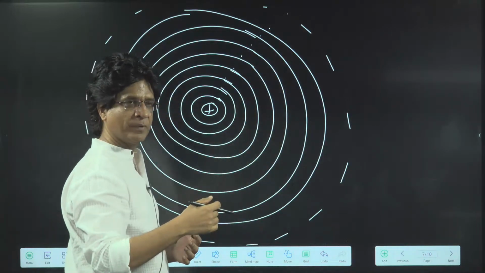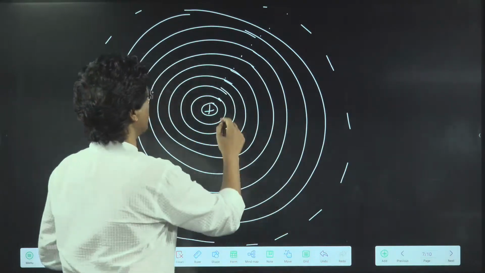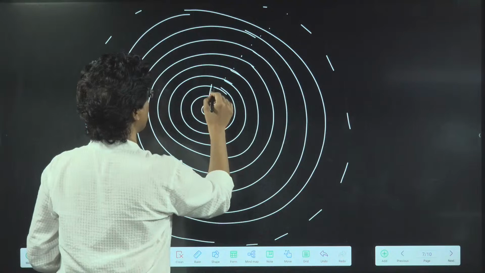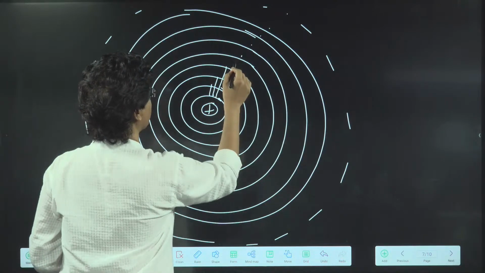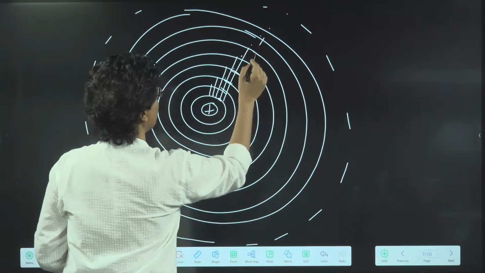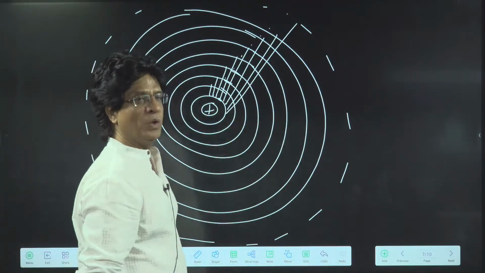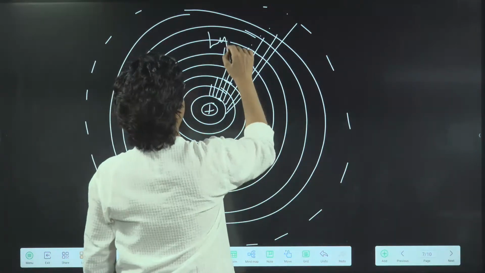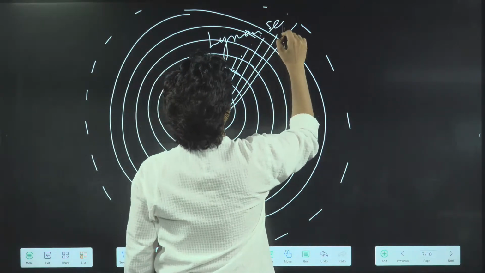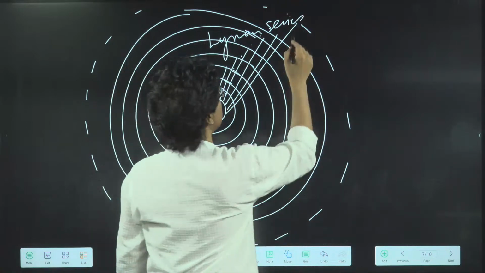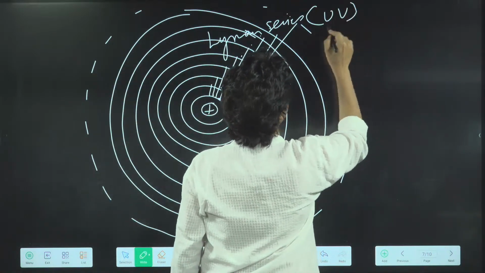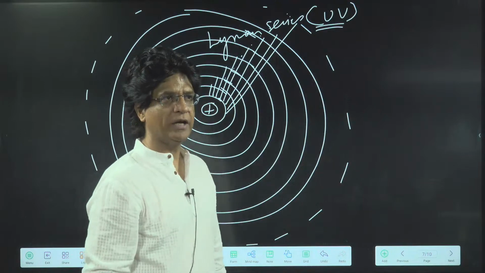But if it comes down directly to orbit number 1, it will emit photons which will belong to the Lyman series. And Lyman series belongs to which region? Ultraviolet region.